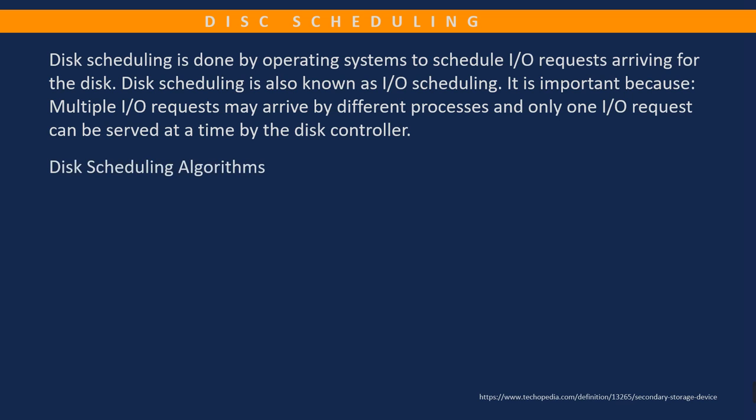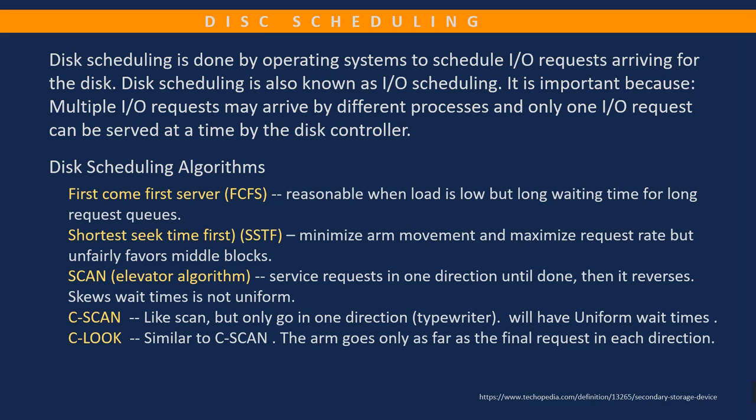So these scheduling algorithms. You have the first come first serve. It's reasonable when load is low, but has long waiting time for long request queues. Shortest seek time first, or SSTF, minimizes arm movement and maximizes request rate, but unfairly favors middle blocks.